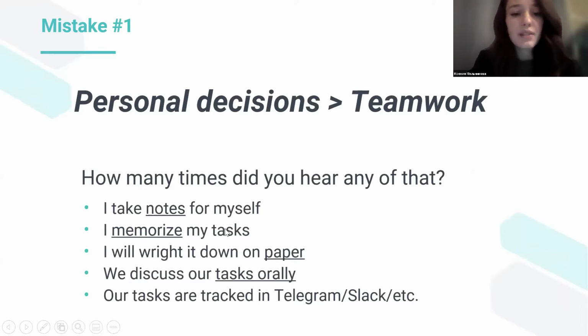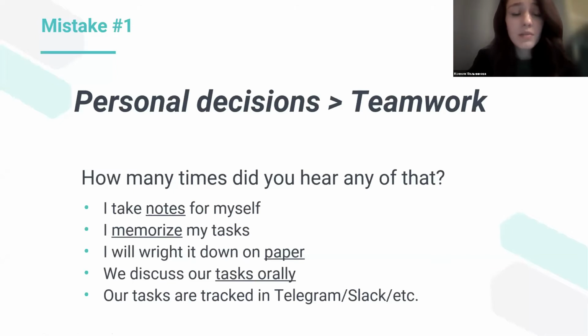I memorize my tasks. I will write it down on paper. We will discuss our tasks orally, or we track our tasks in Telegram or Slack or any other messenger. I'm not saying that this is bad, but when you do only this, it's not teamwork. It's your personal tracking.